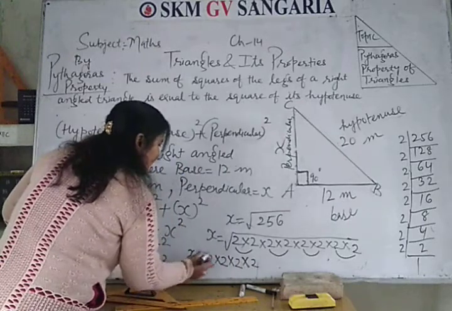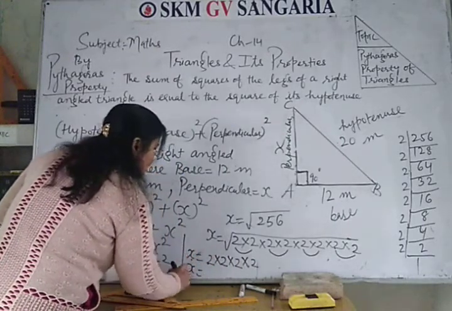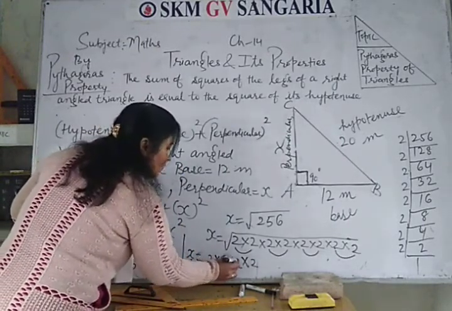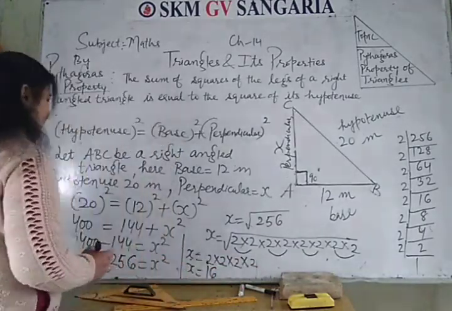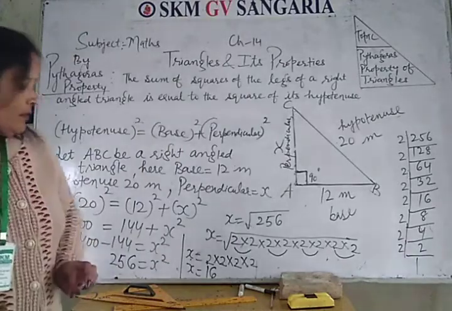So x will be equal to how much? 2 2s are 4, 4 2s are 8, 8 2s are 16.